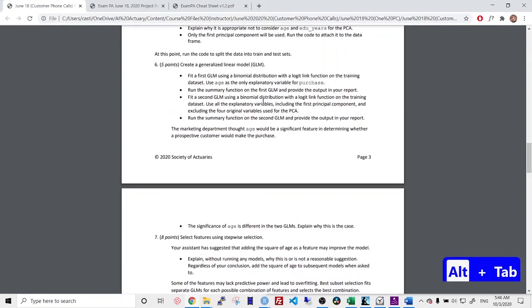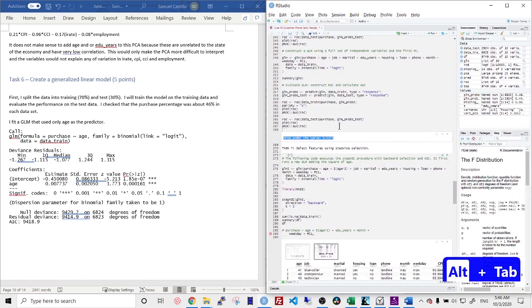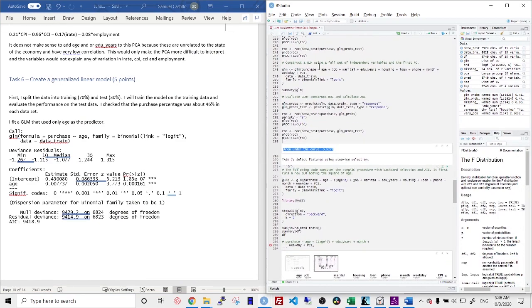Next part, fit a second GLM using a binomial distribution with a logit link function on the training dataset. Use all the explanatory variables, including the first principal component, and excluding the 4 original variables used in the PCA. So that's what this does. Construct a GLM using the full set of independent variables and the first PC.